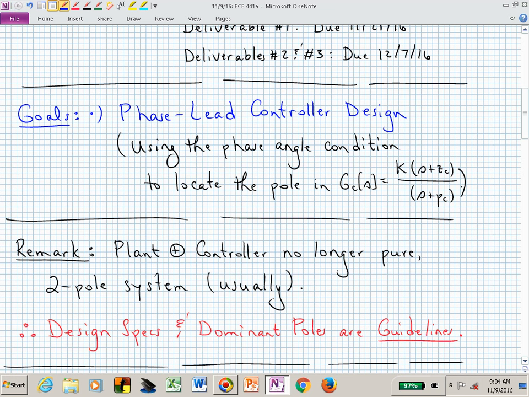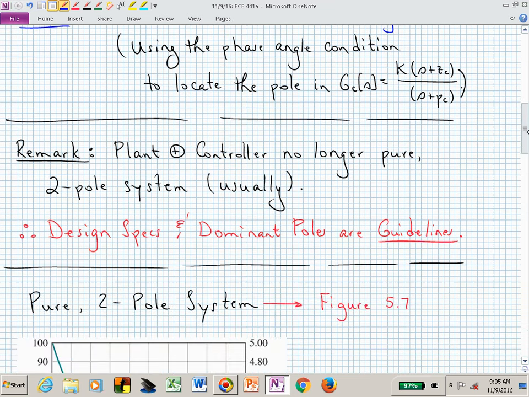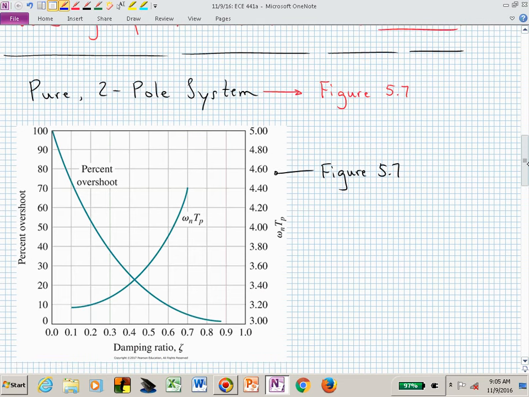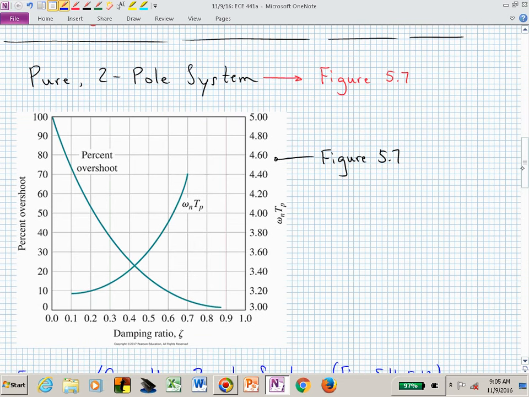And our dominant poles, when we have more than just 2 poles in our S-plane, our dominant poles will dominate the response, but they may not be the exact response. So they're just giving us good indications as to what we might expect from our response. Here's what we would expect if we had a pure two-pole system.